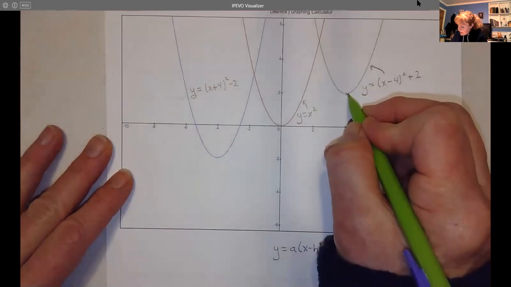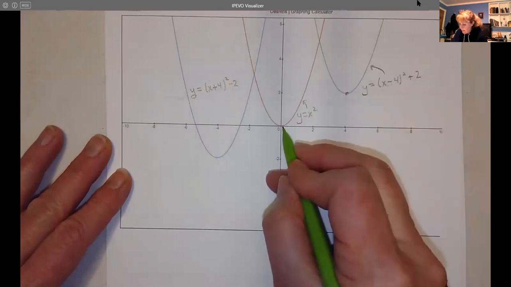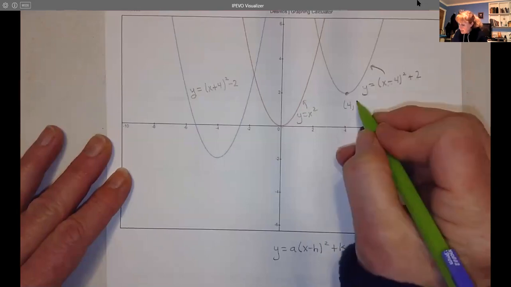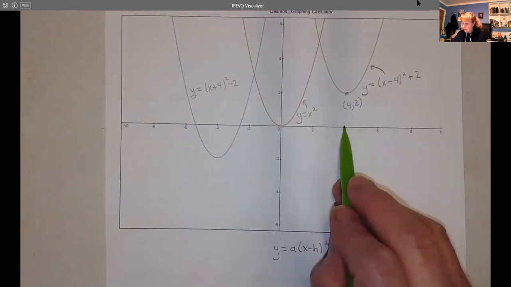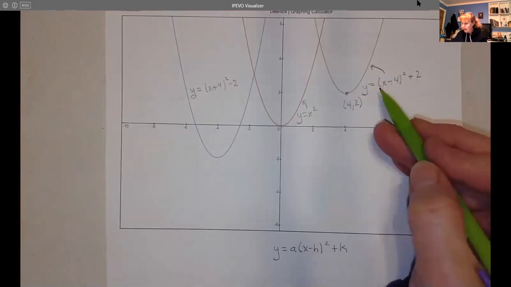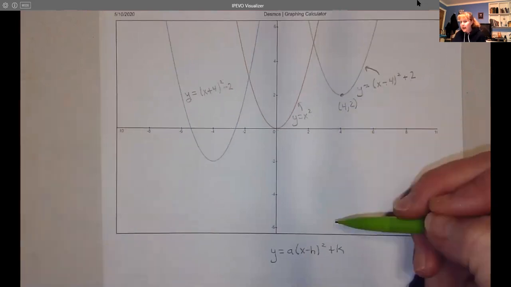My vertex went to the right 4 from my parent graph, and up 2. So my vertex is now 4, 2. It's a minimum, because it's the lowest point. I didn't flip it by putting a negative in front. If I put a negative in front, then I'll have a maximum.